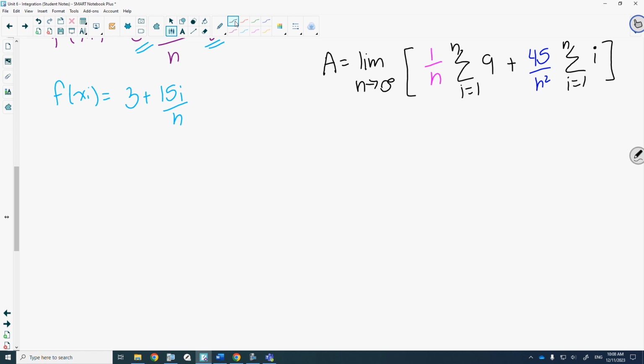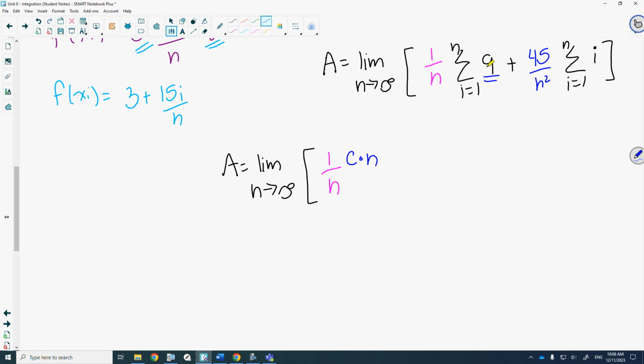Okay, so the area is equal to the limit as n approaches infinity of 1 over n. Now, 9, I'm going to replace with the sum of a constant. So the formula using sigma notation for sum of a constant, remember that's C times n.